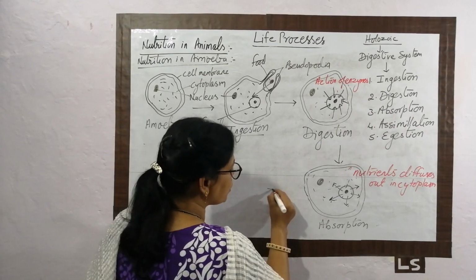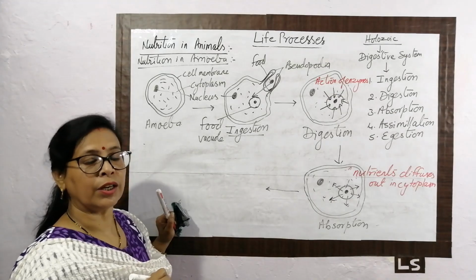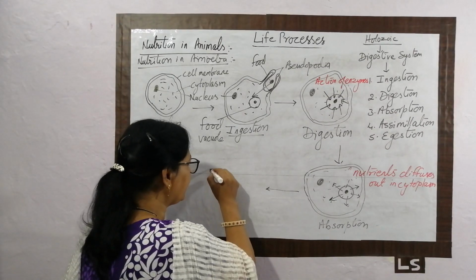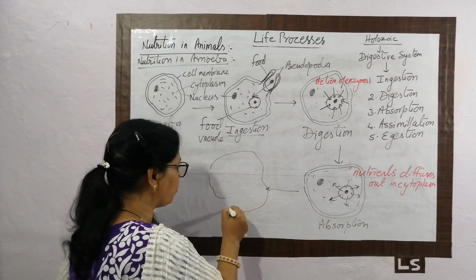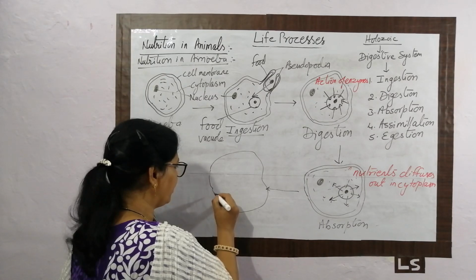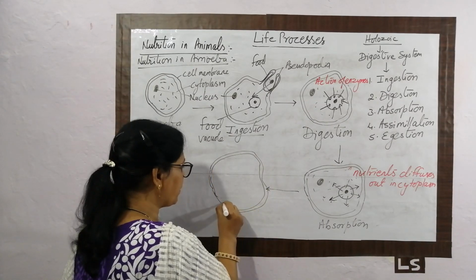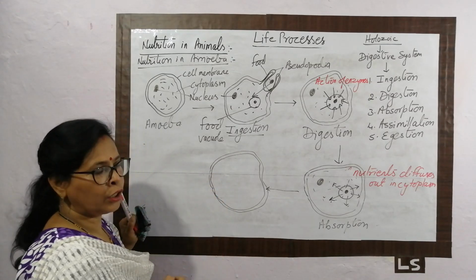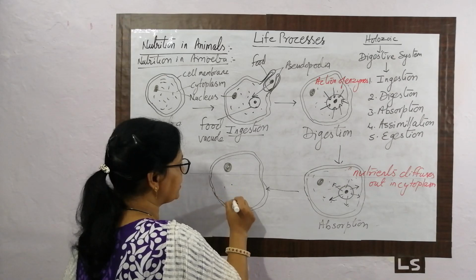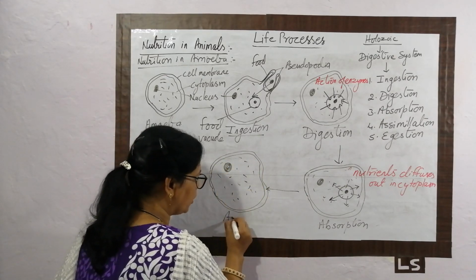Next, the process of respiration goes on, and because of respiration, the nutrients oxidize to form energy, and that energy is utilized by the amoeboid cell for its growth and development. It means the size of the amoeboid cell increases, and this is called assimilation.